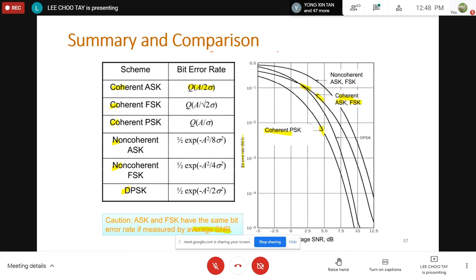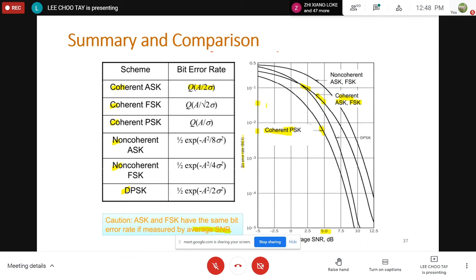Let's simply take one signal to noise ratio over here, this is 5. With the same power, the coherent PSK will give you a lower probability of error as compared to the coherent ASK and FSK, which give you a probability of error somewhere around here.